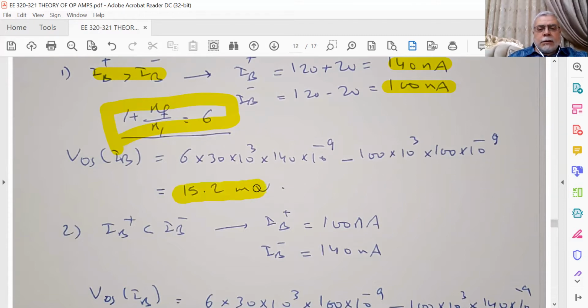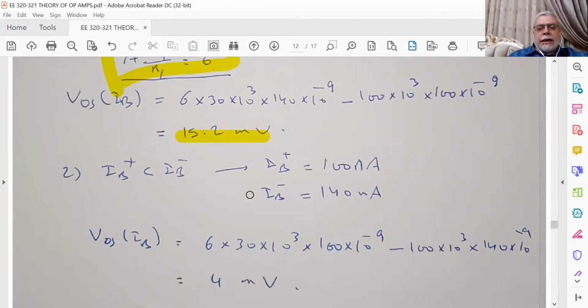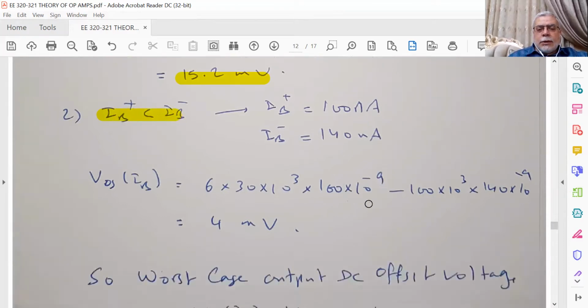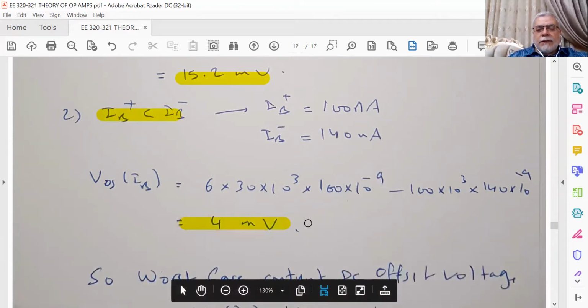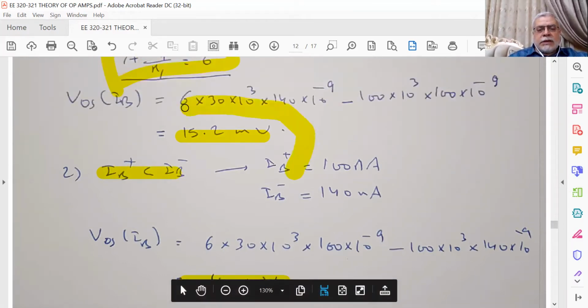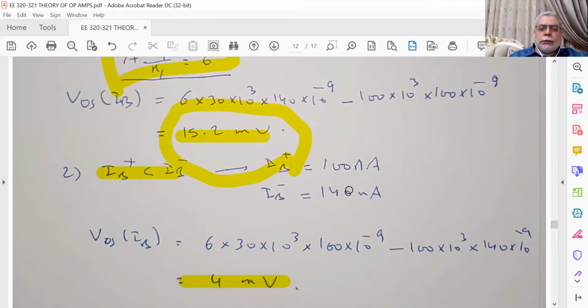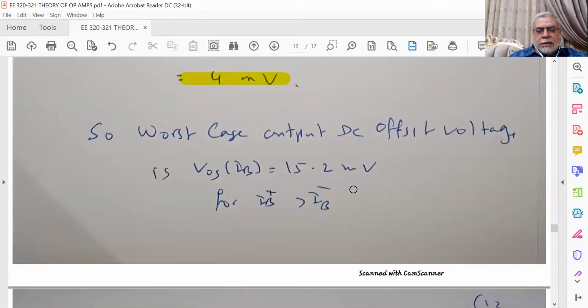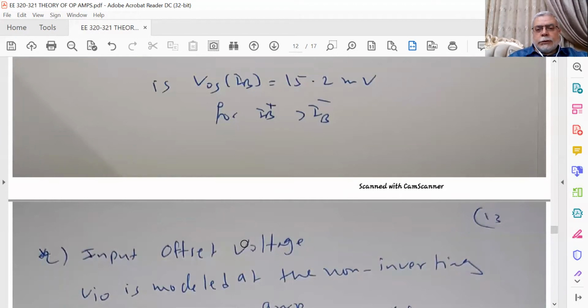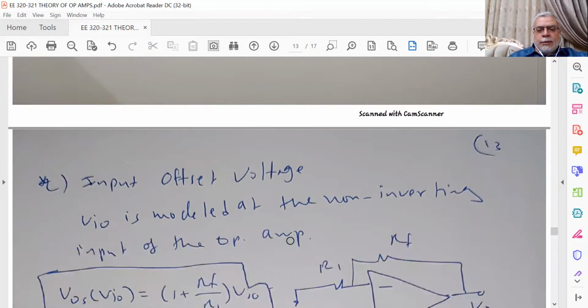This will produce 15.2 millivolt. The second case, when IB plus is smaller than IB minus, we get 4 millivolts. So remark that the worst case is 15.2 millivolt when IB plus is greater than IB minus.